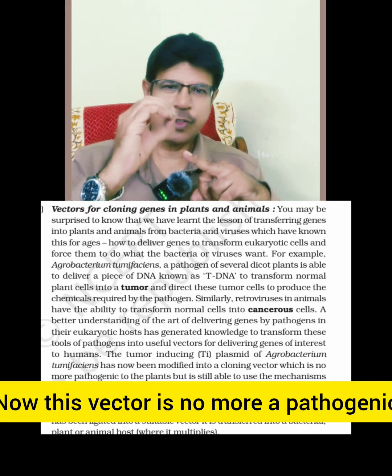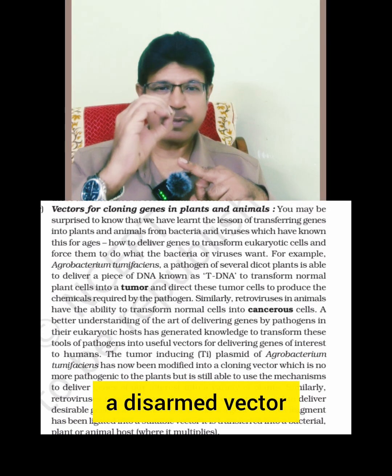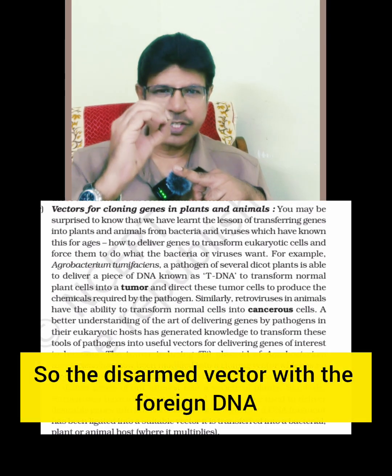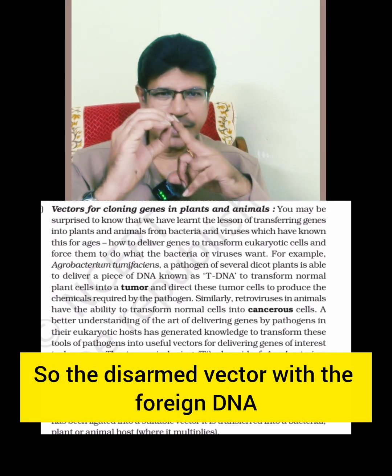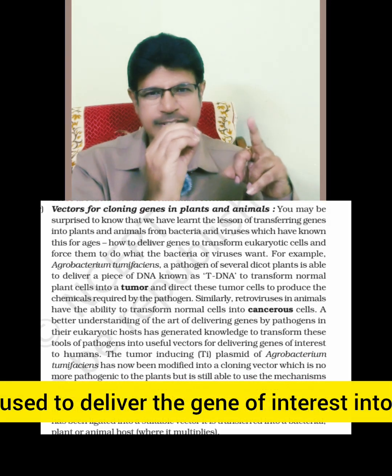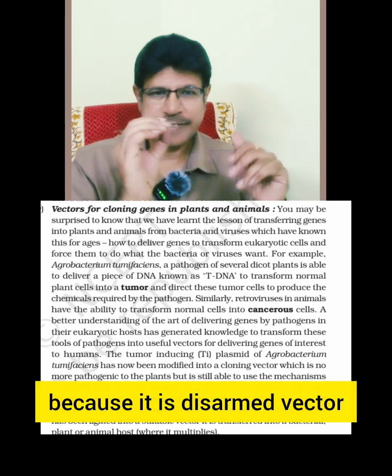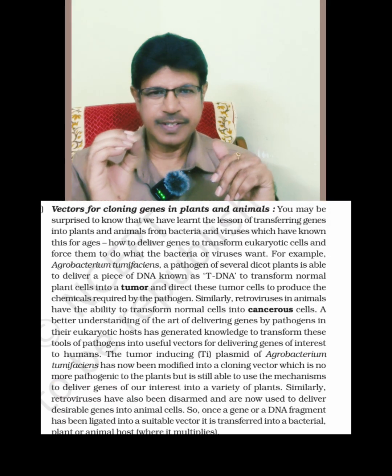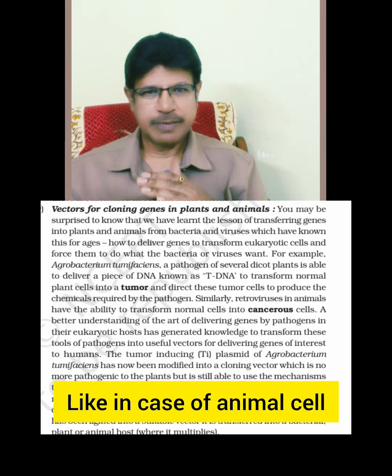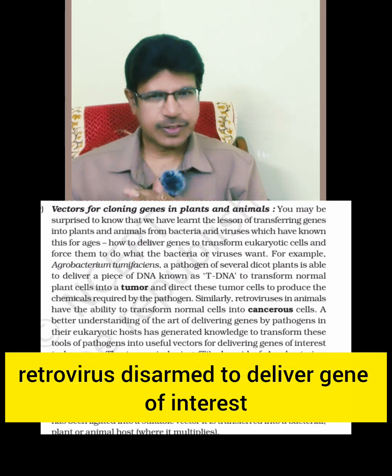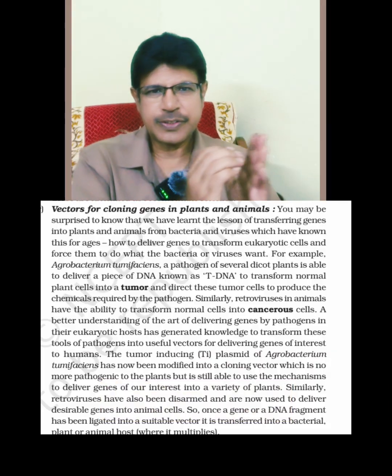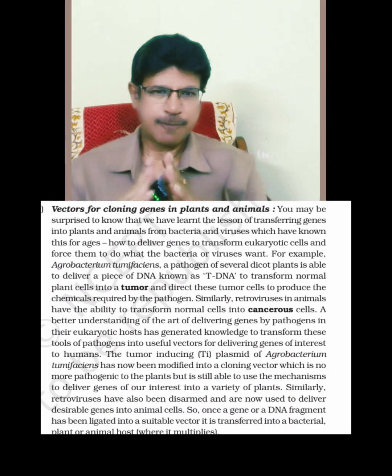Now this vector is no more pathogenic; it is a disarmed vector. So the disarmed vector with the foreign DNA is used to deliver the gene of interest into a variety of plants because it is a disarmed vector. Likewise, in the case of animal cells, a disarmed retrovirus delivers the gene of interest into animal cells.